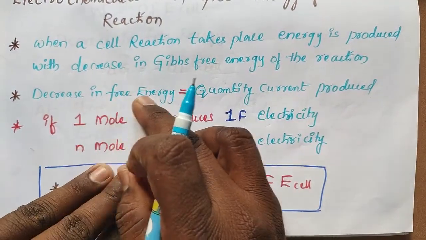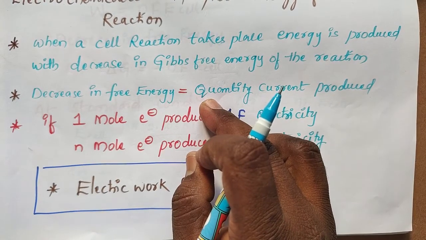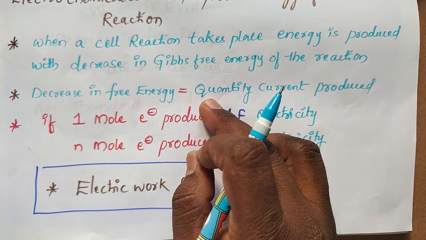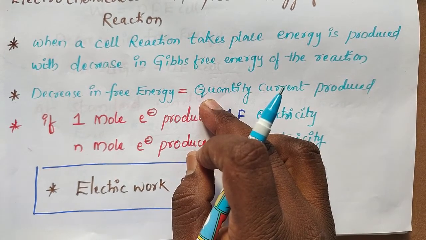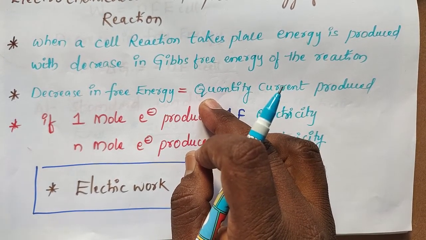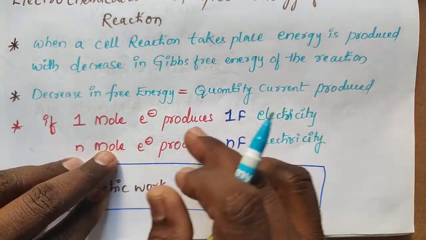In thermodynamics, we introduced Gibbs free energy. It decreases for spontaneous chemical reactions, and the energy produced is electrical energy, that is, a current. So in spontaneous reactions, decrease of free energy equals the quantity of current produced.